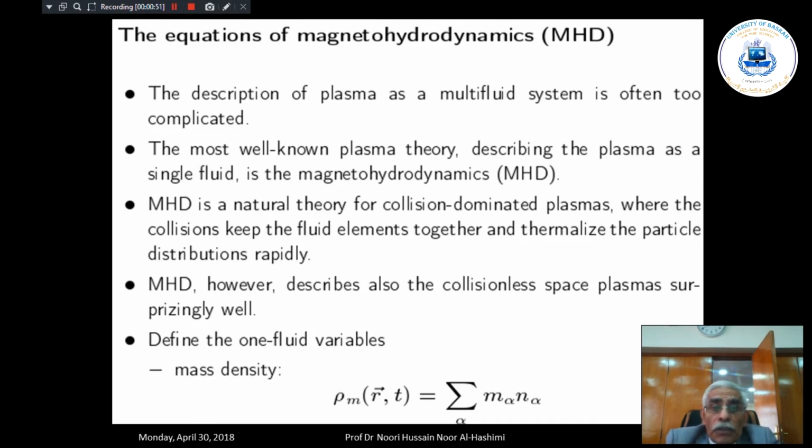The equations of magnetohydrodynamics (MHD). The description of a plasma as a multi-fluid system.